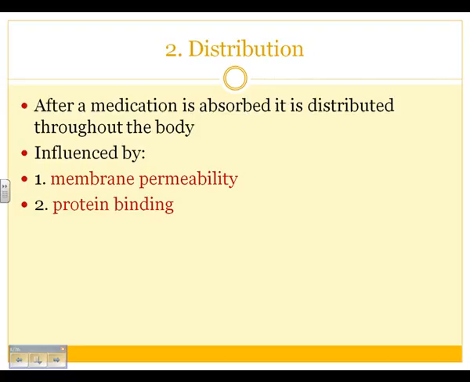So let's say that you have a drug that is a protein-bound drug. Each one of these little protein molecules only has a limited number of spaces that they can actually stick to. And there's not room for all of them.